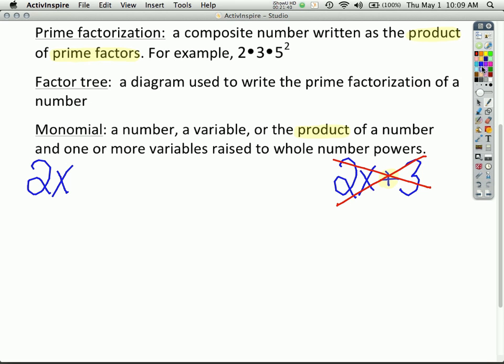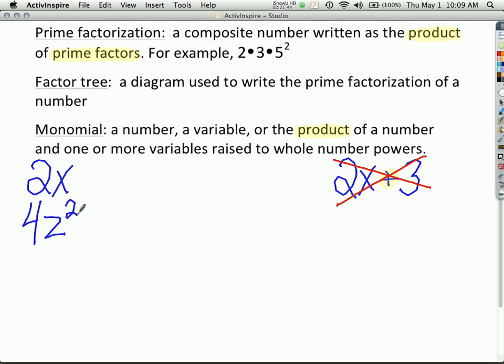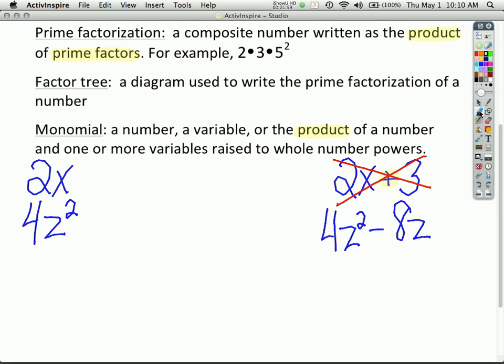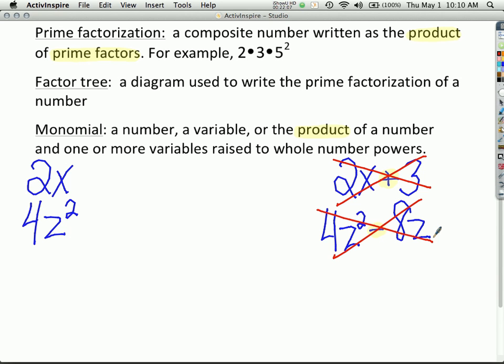Here's another example of a monomial. 4z to the second power. That's a monomial. But 4z to the second power minus 8z is not a monomial. Once you connect terms with an addition or subtraction, that becomes something different. And the rules are completely different.